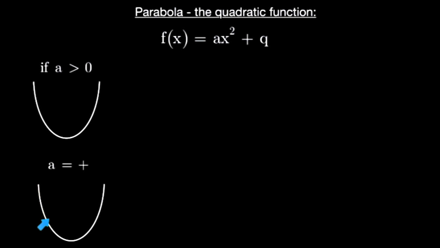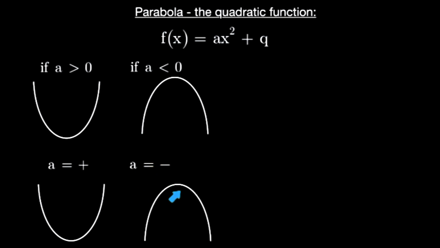So we draw the parabola with the legs pointing up. And if a is less than 0, we draw the parabola with its legs pointing down. In other words, this a will be a negative number, so we draw it with our legs pointing down. Got it? So if a is less than 0, this a is actually a negative number, and we draw it with the legs pointing down.